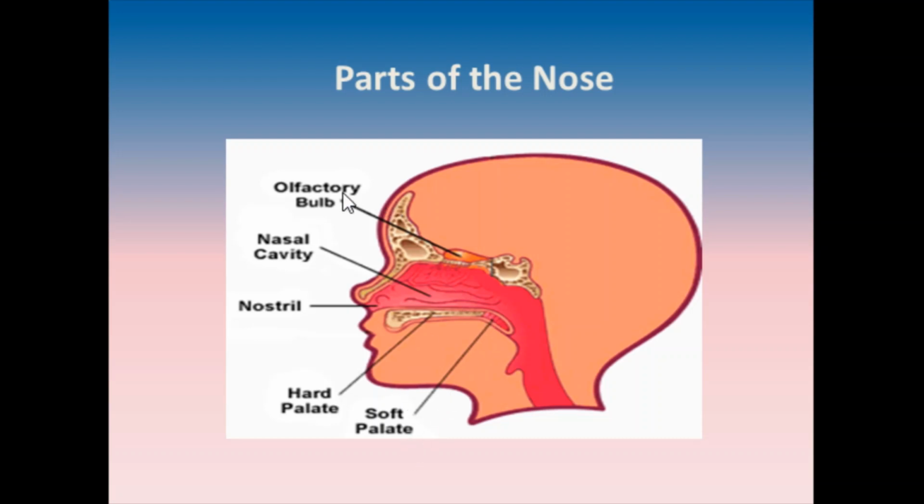The olfactory bulb contains the nerves that are responsible for transmitting nose signals going to the brain so that the brain can interpret what kind of smell we got. Okay, the nasal cavity is found here. The nostrils are the openings in our nose. The hard palate and soft palate are both responsible for speech production.